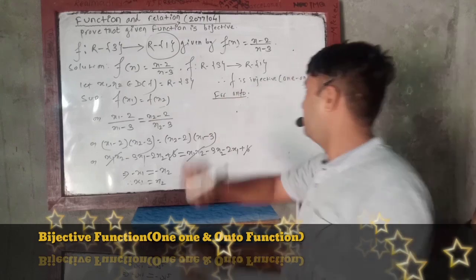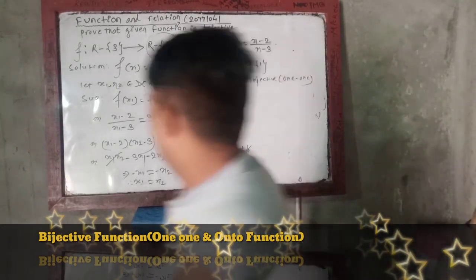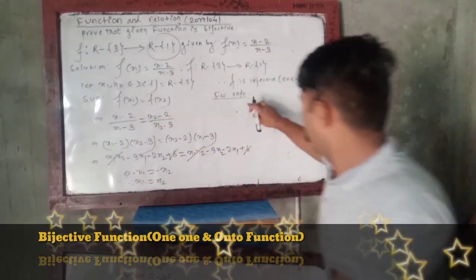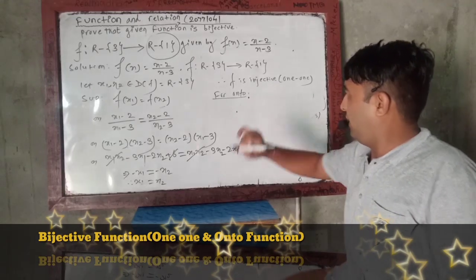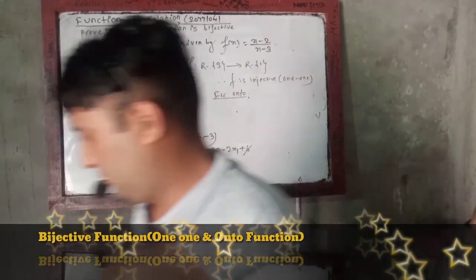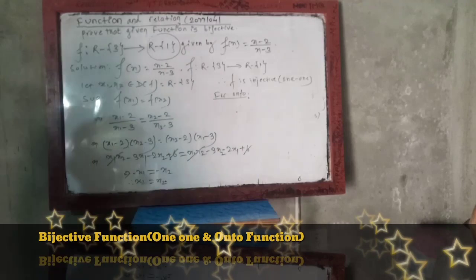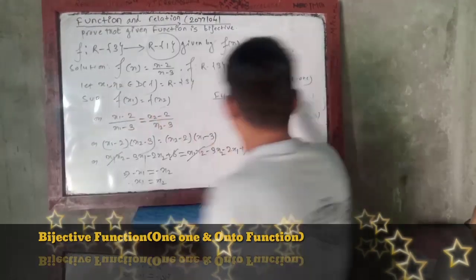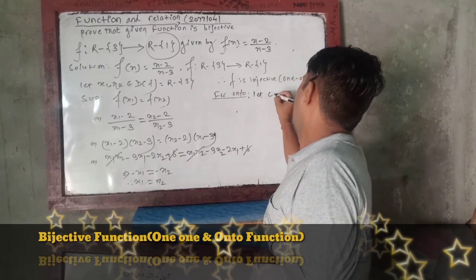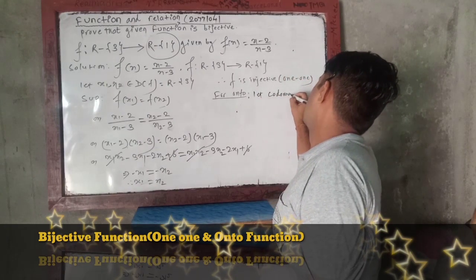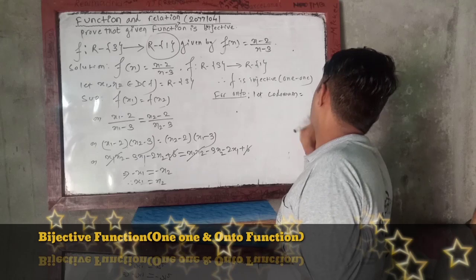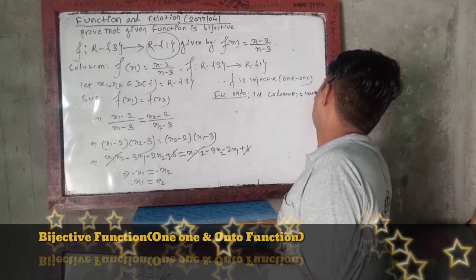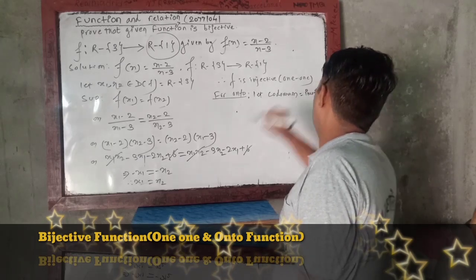Okay. For onto. Now how to prove the surjectivity of this function? We must have codomain equal to range, codomain equal to image.